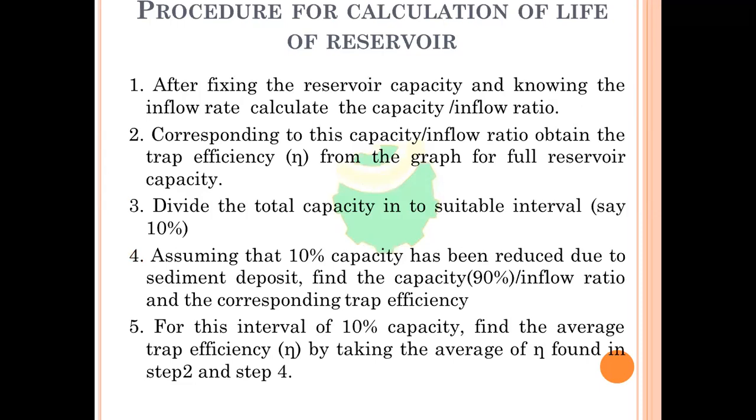Okay. Next, how to calculate the trap efficiency or life of a reservoir? First step, after fixing the reservoir capacity and knowing the inflow rate, calculate the capacity inflow ratio. So, first we will fix the reservoir capacity, say 100, and know the inflow rate, say 10. So, what is the capacity inflow ratio? 100 by 10 equals 10.